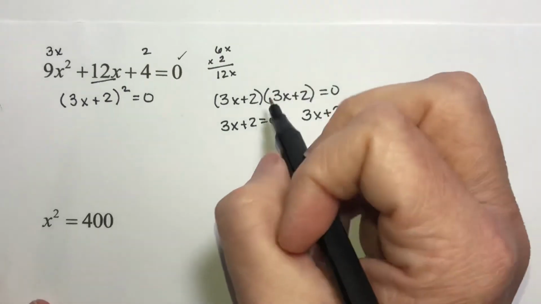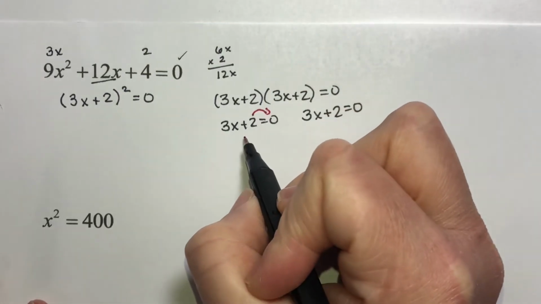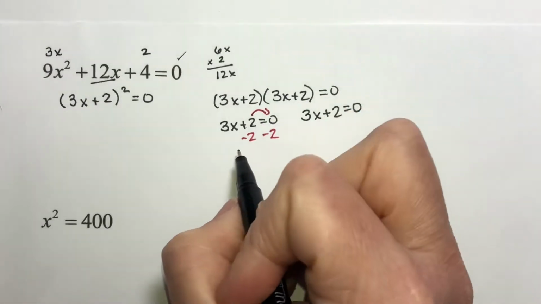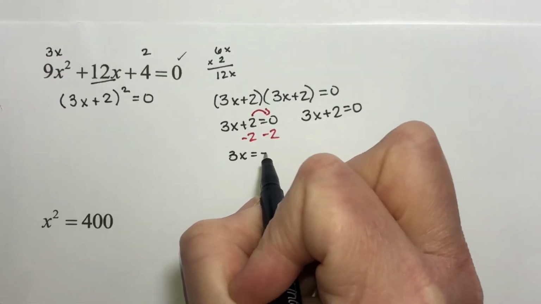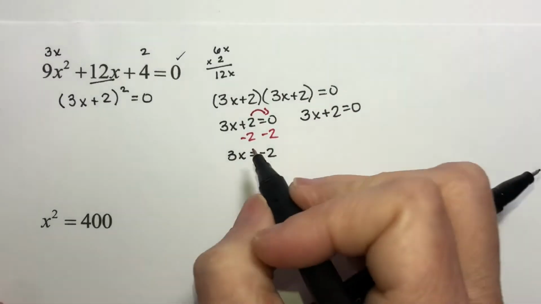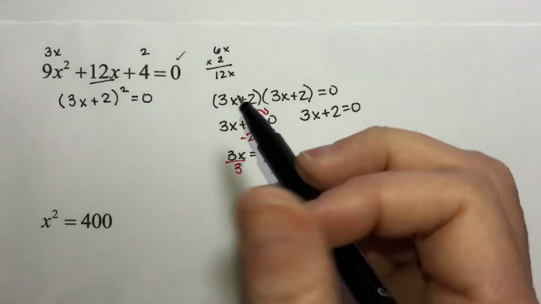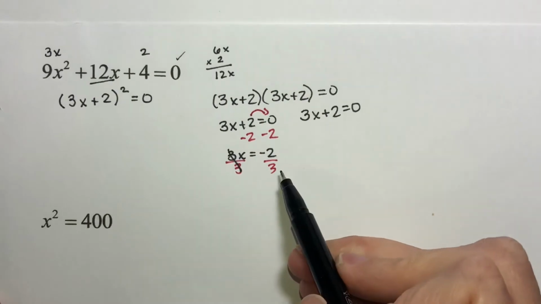So if I subtract 2 from each side, I get 3x equals negative 2. Divide both sides by 3, and we get x equals negative 2/3.